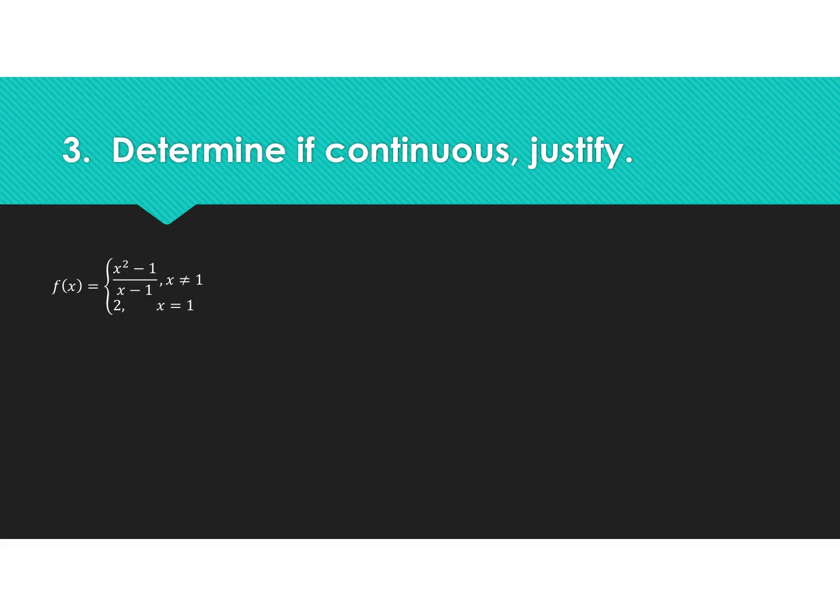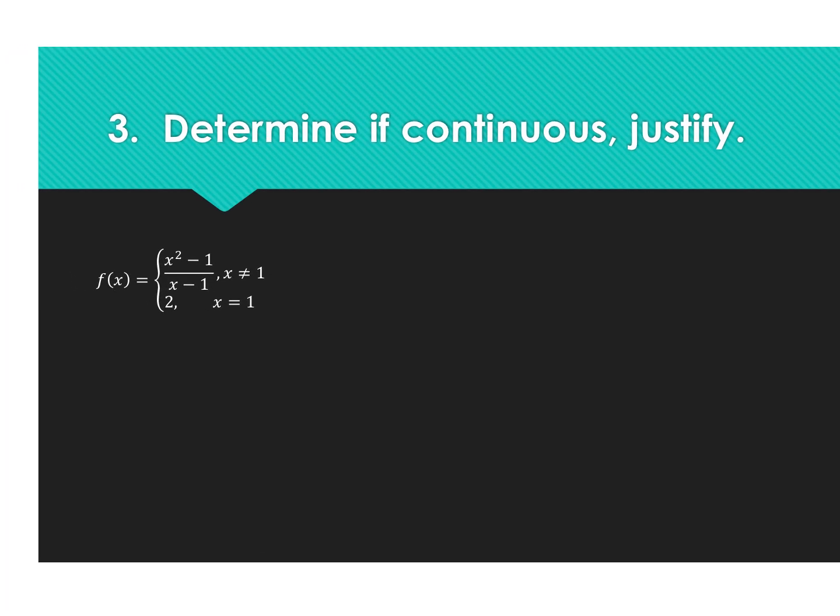All right, for this one, again, determine if continuous, justify. The top function is the limit, because if I wanted to do the limit from the right and the left, I'm plugging into the top function. Because if it's saying x can't be 1, I mean x can be 2, 3, 4, 5, or it could be 0, -1, -2. So if I want to do the limit as x goes to 1, it's going to be x squared minus 1 over x minus 1.